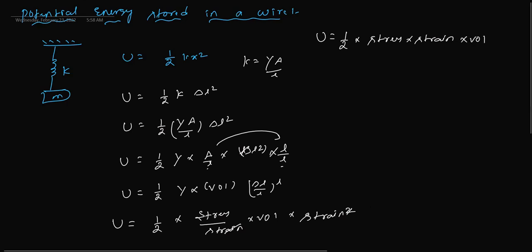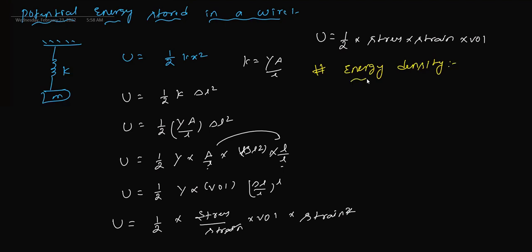Sometimes they will ask you the potential energy stored in the wire. We got it now. Energy density they will ask you. Generally, what is meant by density? Mass density, mass by volume. Similar way, energy density is nothing but energy by volume. The energy relation we got is U equal to half into stress into strain into volume.